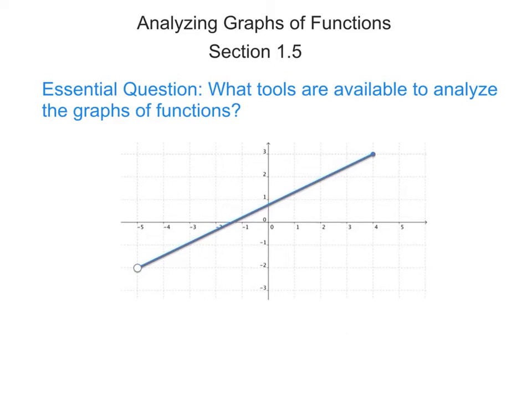We graph a function much like we would any equation in x and y. And as you can see from this example here, we have a function that's graphed. We have the x-axis, which is the horizontal axis, and we've got the y-axis, which is the vertical axis.